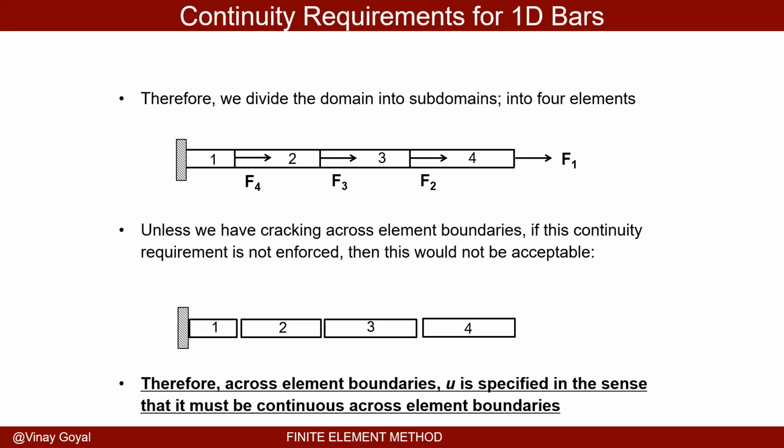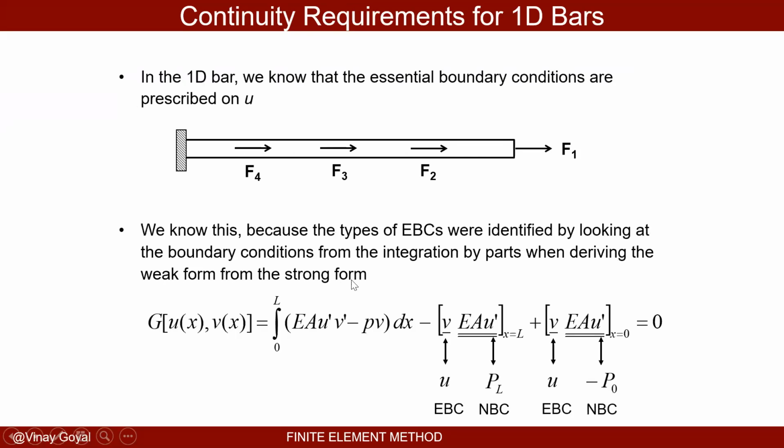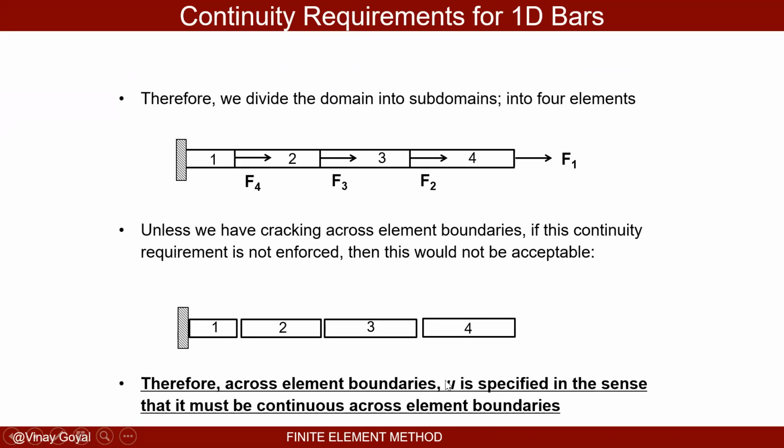If I divide the domain into four subdomains, divided like this because that's where the loads are applied, I think everybody agrees that the elements are not breaking apart. Unless we have cracking across these element boundaries, if I don't specify the deflection U across the boundary, then I'm going to have a crack.